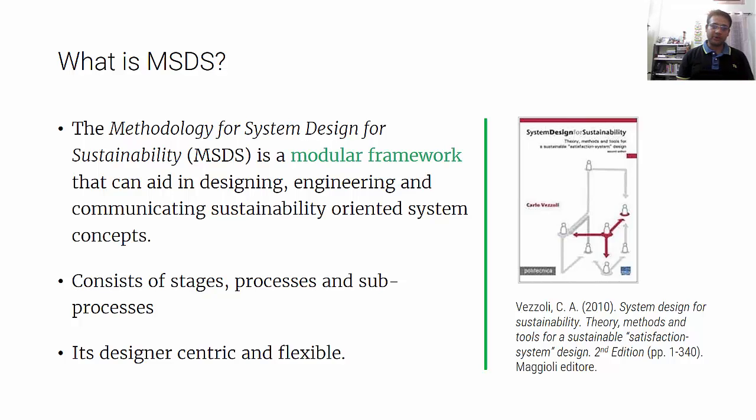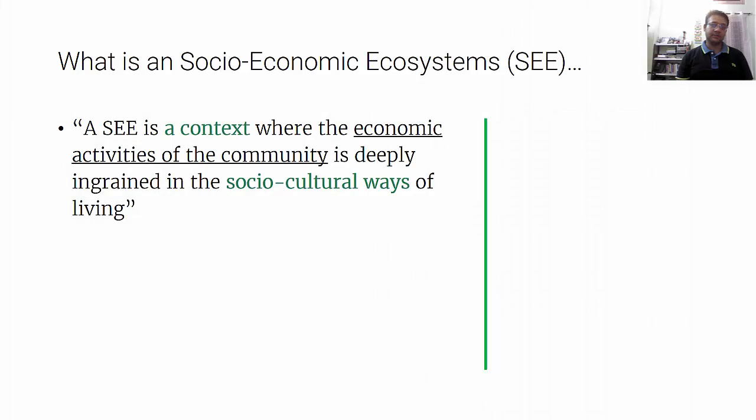More can be found about the methodology in the book System Design for Sustainability, Theory, Methods, and Tools for a Sustainable Satisfaction System by Vezzoli. MSDS can be used by project proposers, companies, public institutions, NGOs, research centers, or a mix of these. It is flexible in the sense that the designer can choose appropriate stages, appropriate tools that work for his context and design an appropriate intervention.